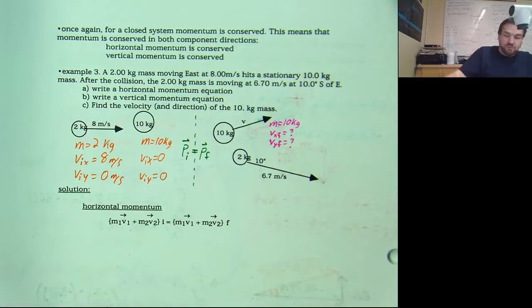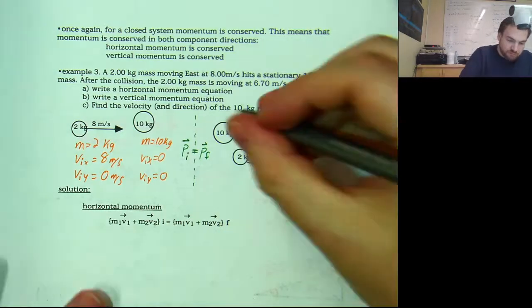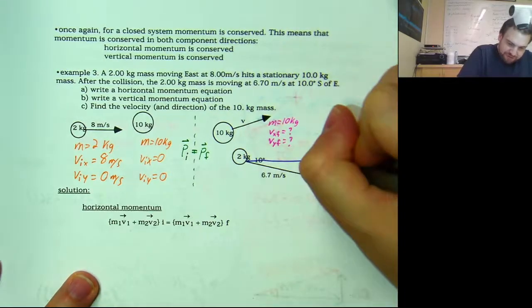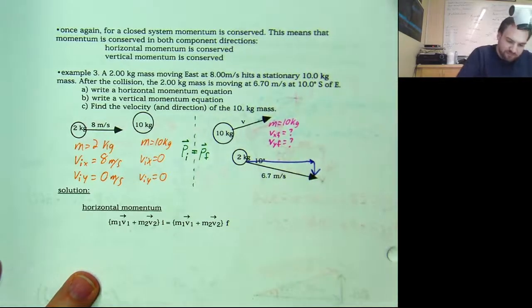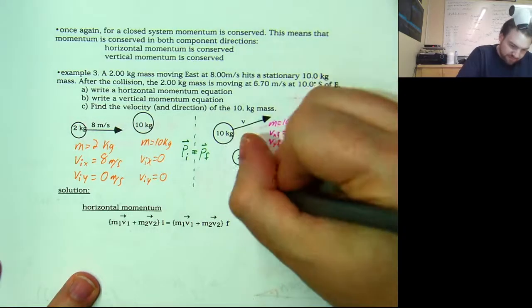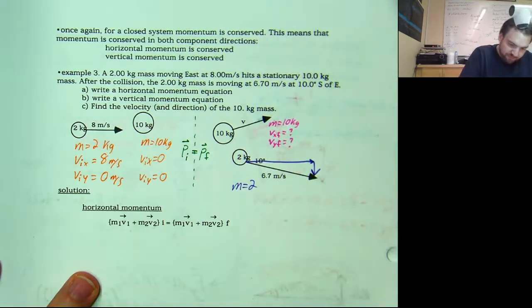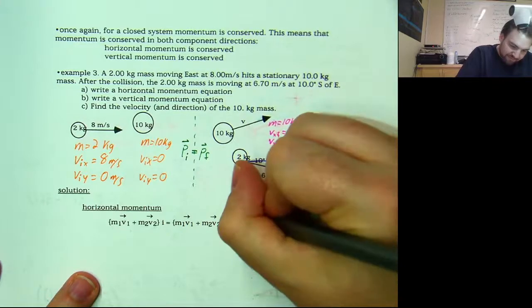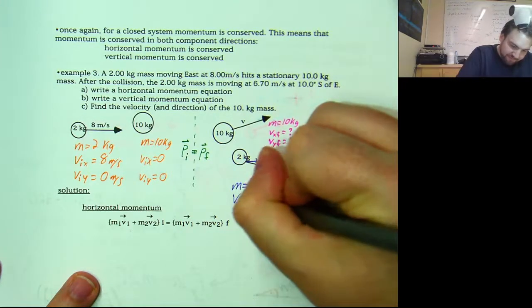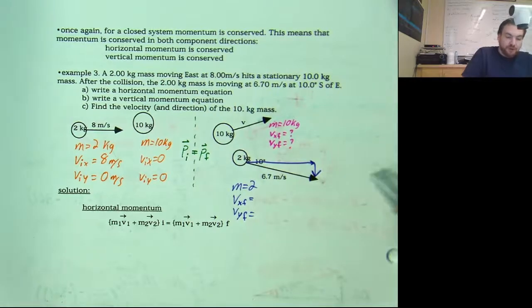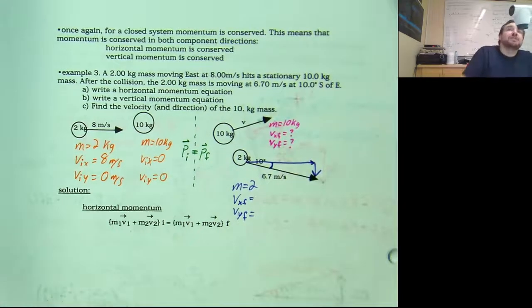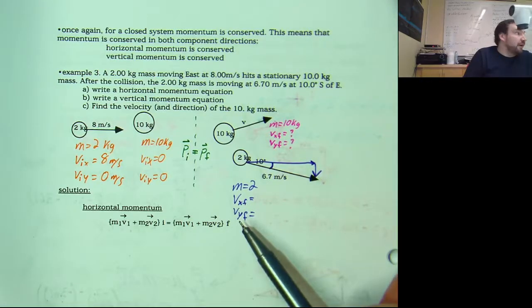But we do know that the 2 kilogram mass, m equals 2, has a Vx final and a Vy final. We're told this angle right here is 10 degrees south of east. So we can find out what Vx final and Vy final are.